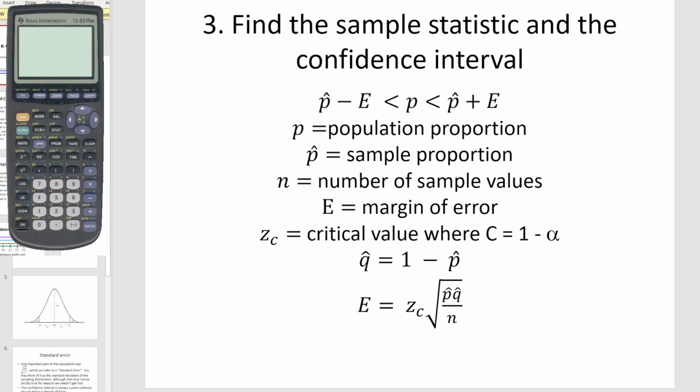The confidence interval is p hat minus E is less than p is less than p hat plus E. Here, p is the population proportion, p hat is the sample proportion, n is the number of sample values, E is the margin of error, and z sub c is the critical value, where c is 1 minus alpha.